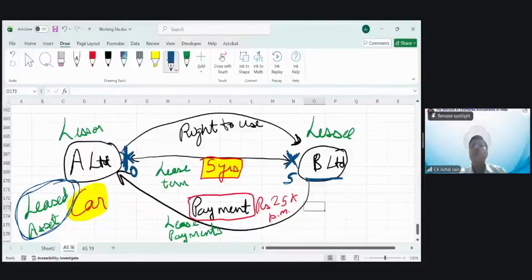So what B may do is, the lessee may guarantee to the lessor that after 5 years, when the lease term is over, I guarantee that the residual value of this car will be at least 5%. So now again, please don't get confused. 5% is an example. So don't take it as a rule, right?